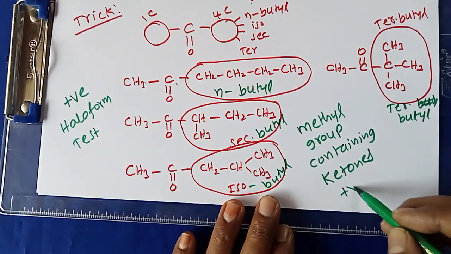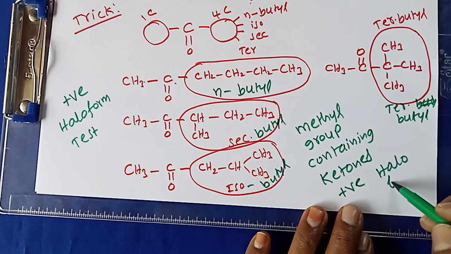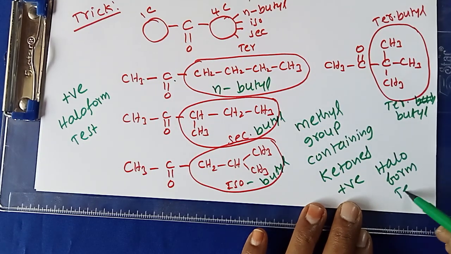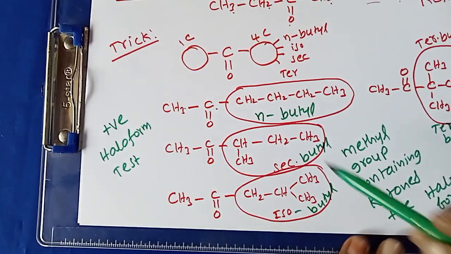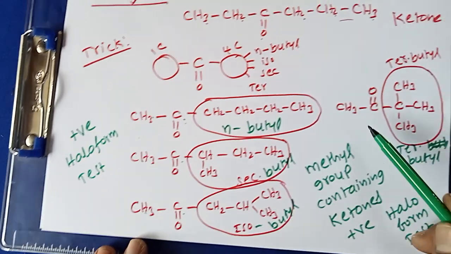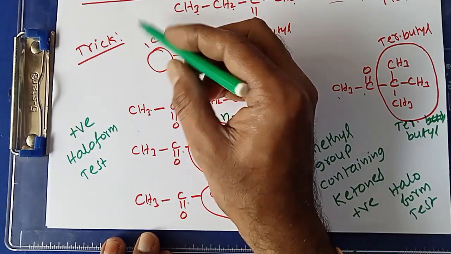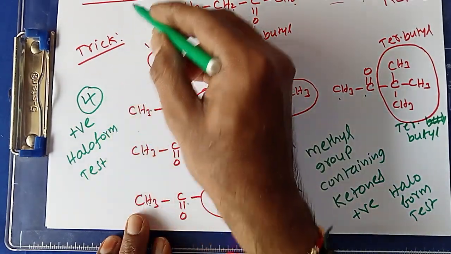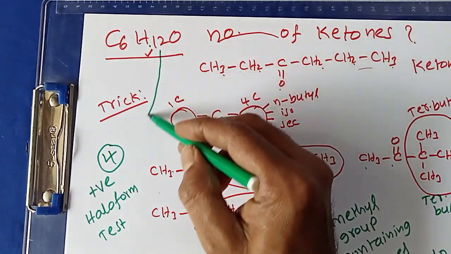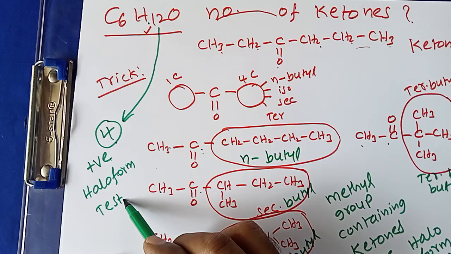So in all these 4 isomers, methyl group ketone, here also methyl group ketone. So 4 isomers give positive haloform test for this formula.